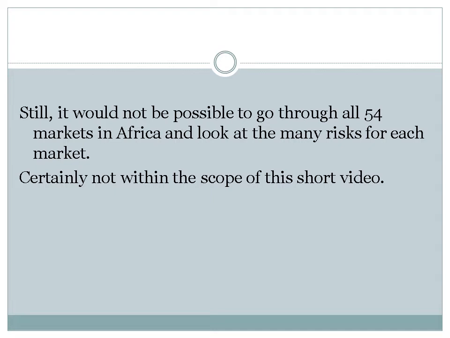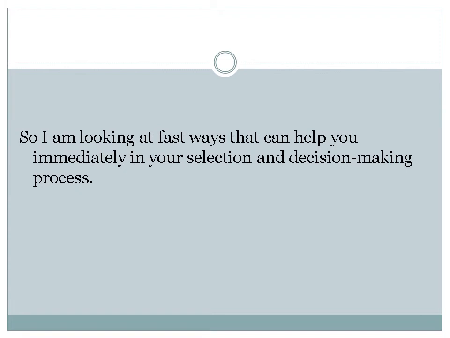Still, it would not be possible to get through all 54 markets in Africa and look at the many risks for each market, certainly not within the scope of this short video. So I'm looking at fast ways that can help you immediately in your selection and decision-making process.